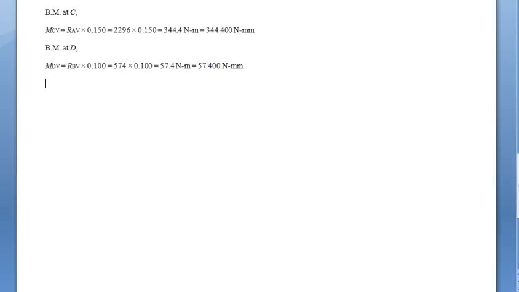Which equals 2296 into 0.150. From this we get the answer 344.4 Newton meter. Similarly, the bending moment at D, we obtain MDV equals 57.4 Newton meter.